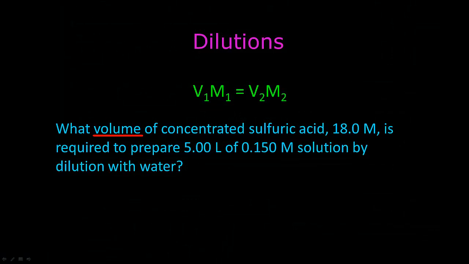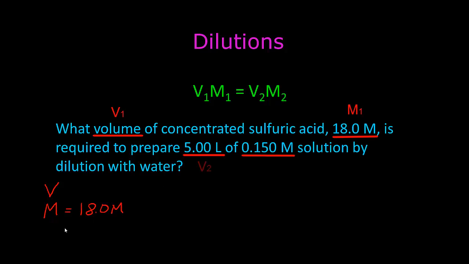What volume of concentrated sulfuric acid, 18 molar, is required to prepare 5 liters of 0.15 molar solution by dilution with water? So we're looking for volume, and it says our molarity is 18 molar.